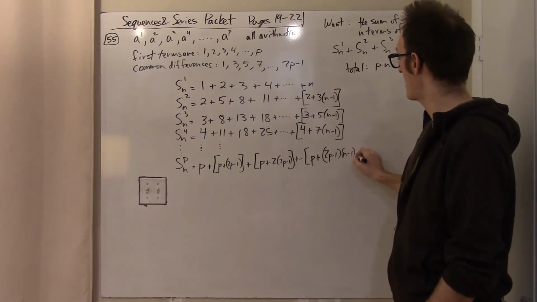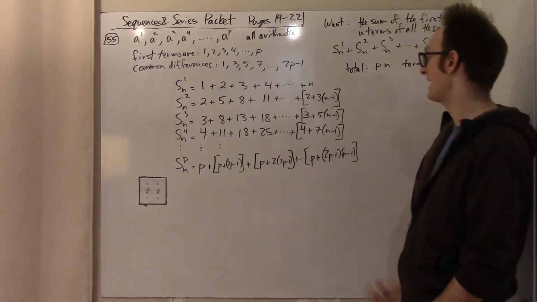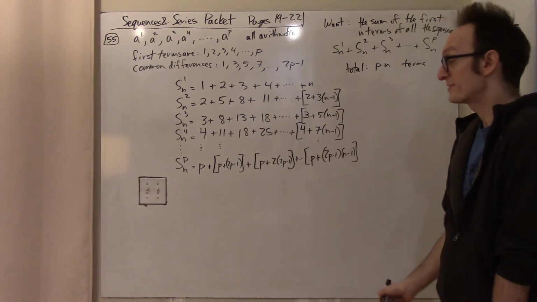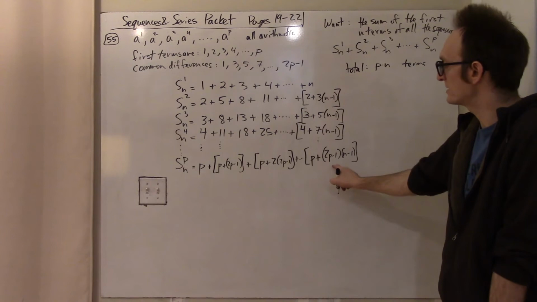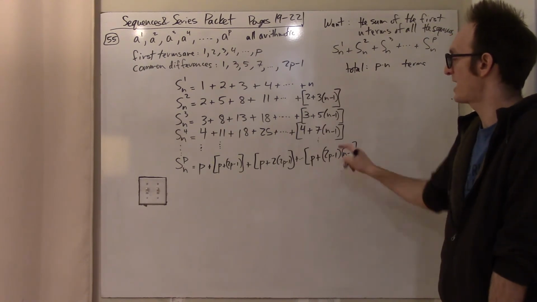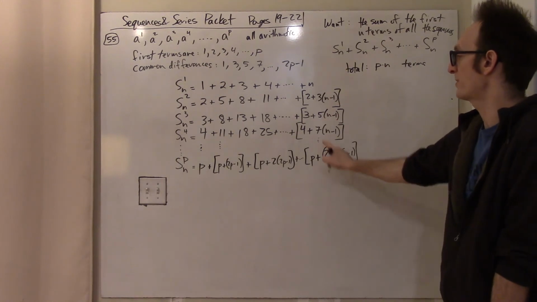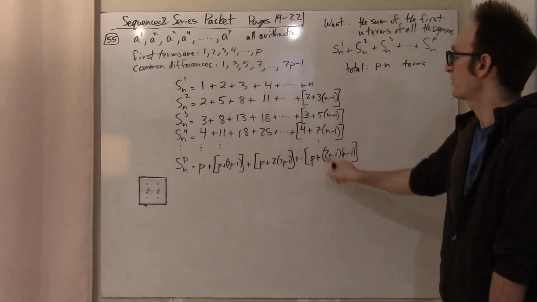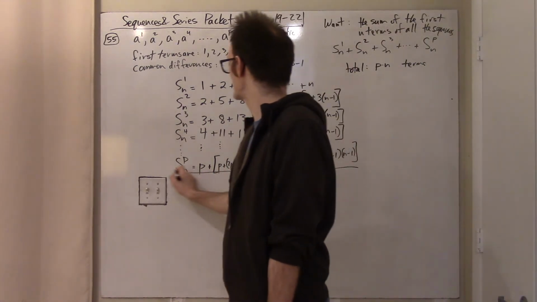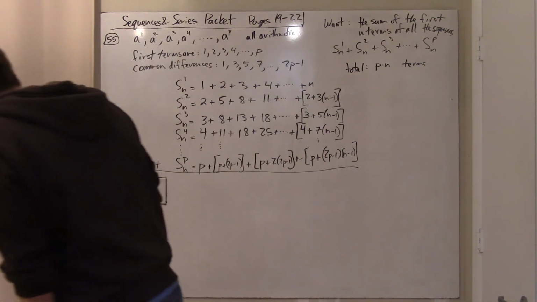By the time I get to the nth term of the sequence, I've added 2p minus 1 n minus 1 times. So this is the generic formula for the nth term of the sequence. Alright, and basically what I need to do is just add all of these up.